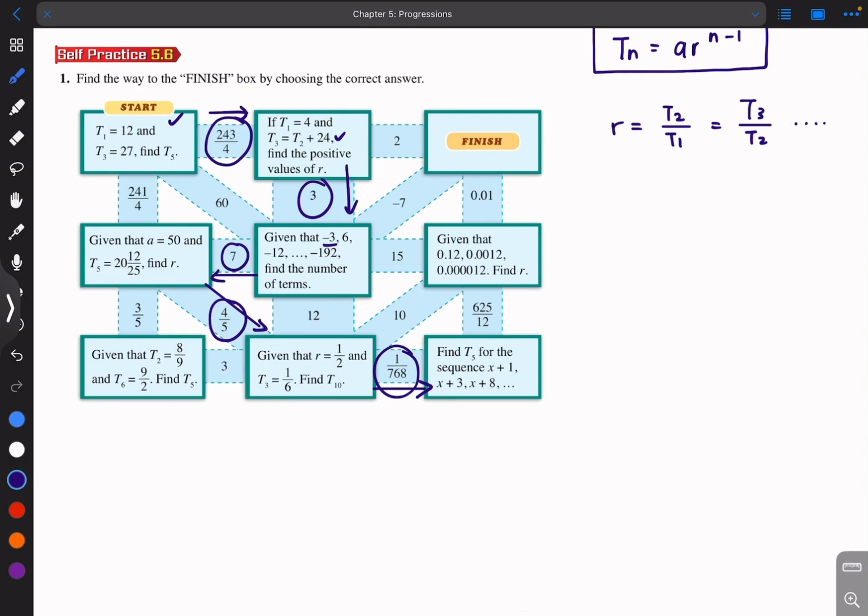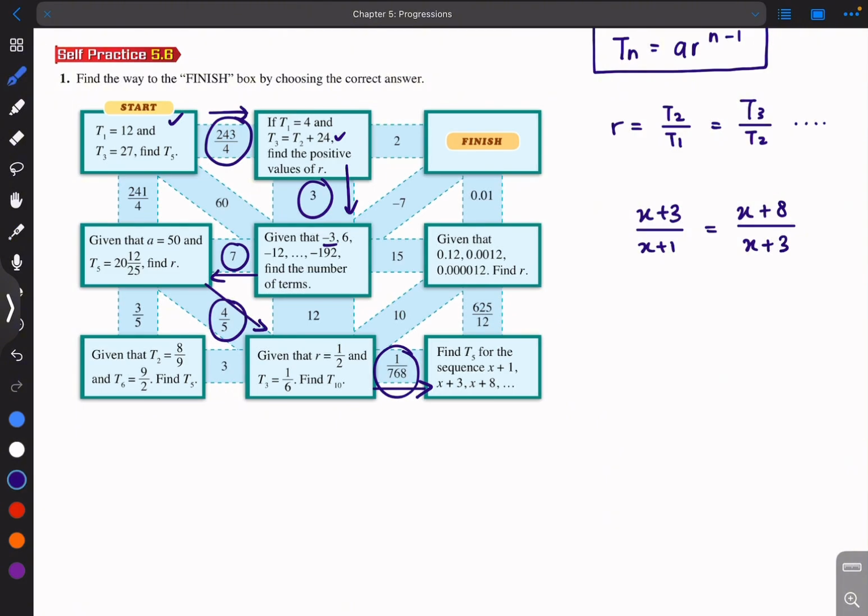So we can say T2 over T1 equals T3 over T2. So x plus 3 over x plus 1 equals x plus 8 over x plus 3. Basically, I'm just following this formula. From here we can find x.